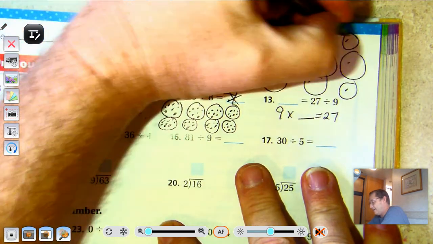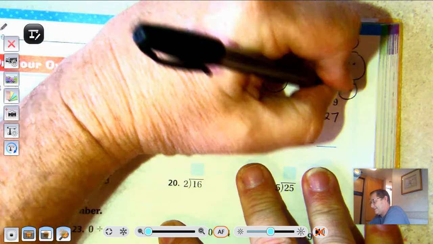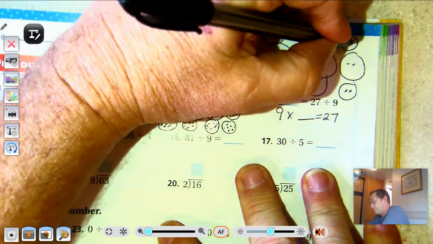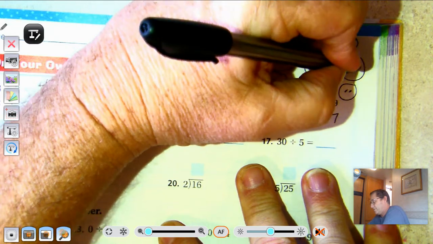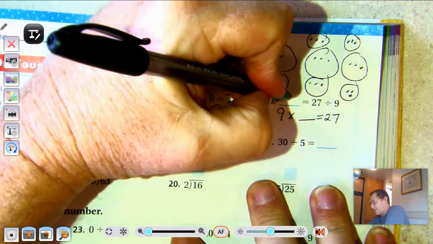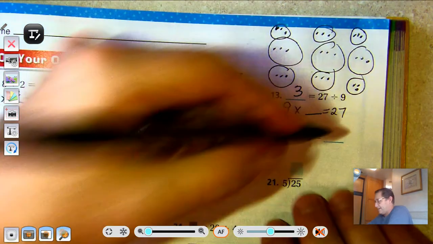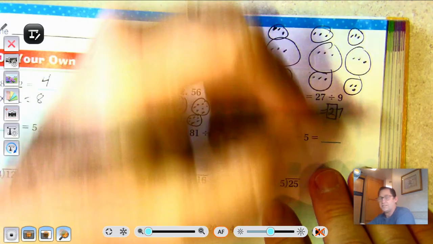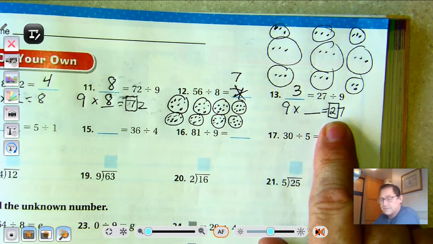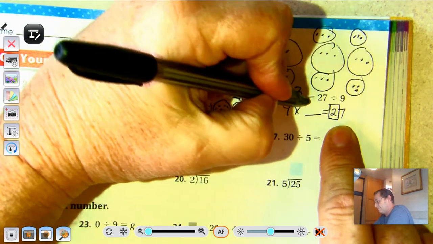So 9, 11, 12, 15, 16, 17, 18, 19, 20, 21, 22, 23, 24, 25, 26, 27. So there's 3 in each group. Okay, and again, if I was just focusing on the multiplication part of it, I'd look at the tens place of the product, and the factor that I multiply by 9 will be 1 more than that. 3.